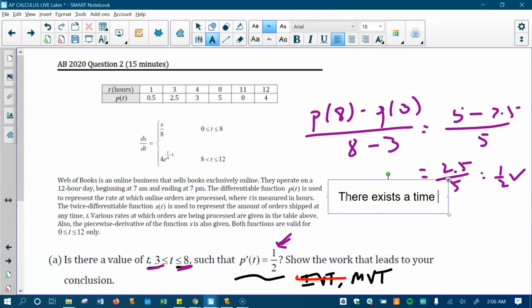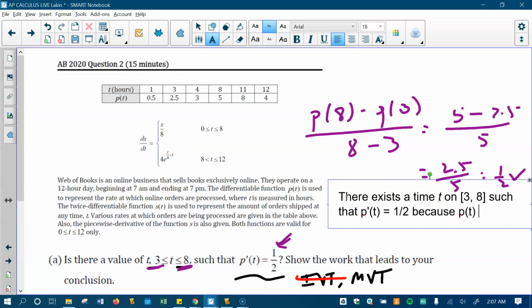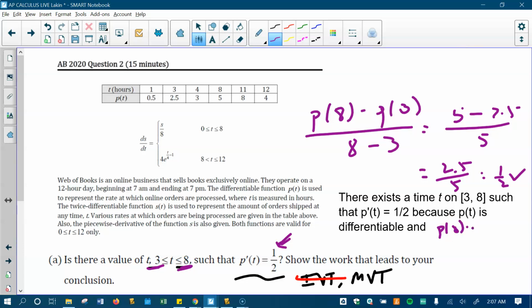There exists a time t on the closed interval 3, 8 such that P prime of t equals 1/2, because P of t is differentiable, and then you would just put in this part: P of 8 minus P of 3 over 8 minus 3 equals 1/2.